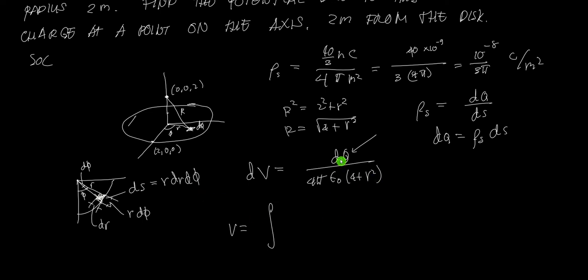So let's put that here. For our dq, you multiply that with the rho s, which is equal to this. So we can just remove that rho s and make it outside. So 30 over pi. Then you have dS, which is equal to this one. So r dr d phi all over 4 pi epsilon naught. Then you multiply this with 4 plus r squared.